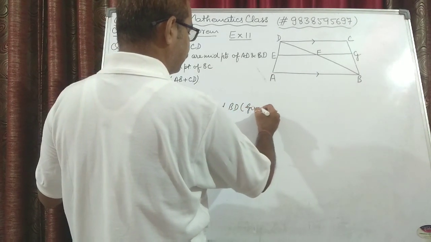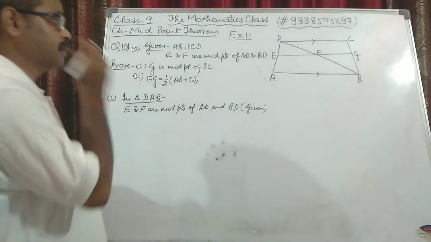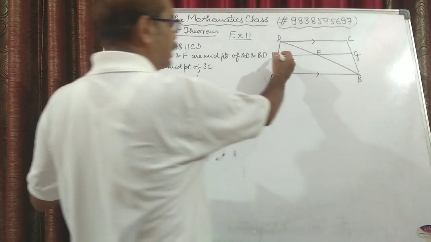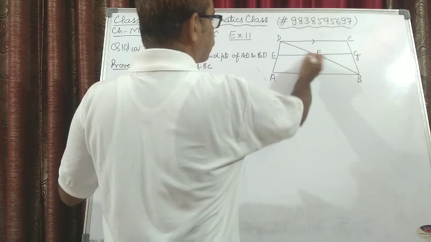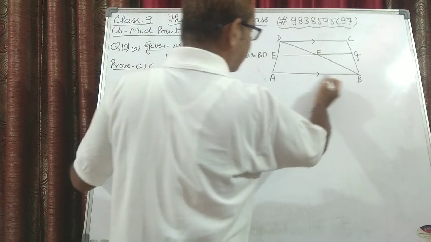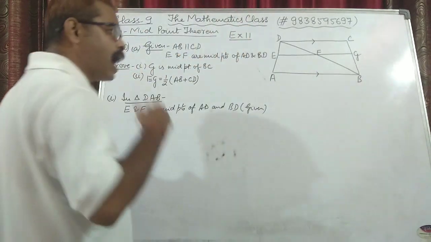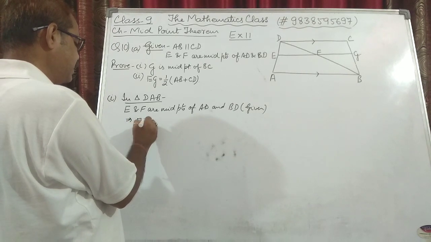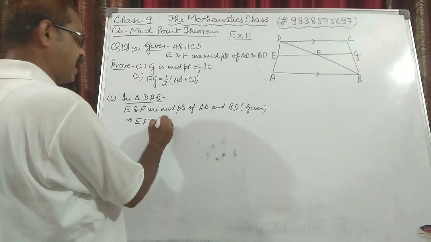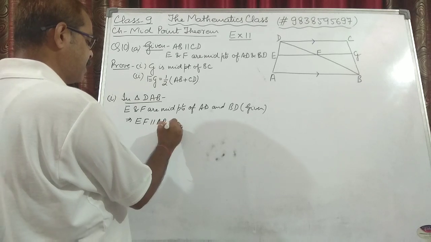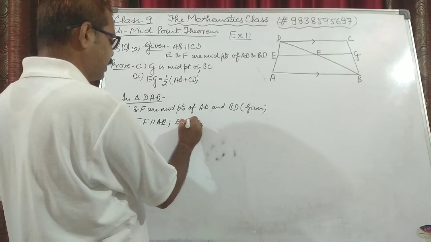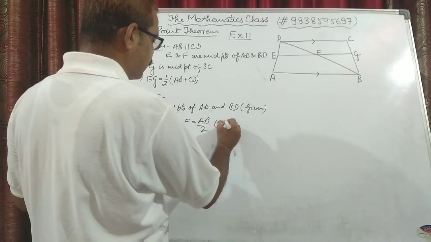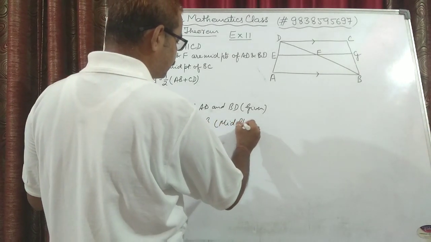According to the midpoint theorem, a line joining the midpoints of two sides of a triangle is parallel to the third side and equal to half of the third side. So EF is parallel to AB, and EF is half of AB by the midpoint theorem.